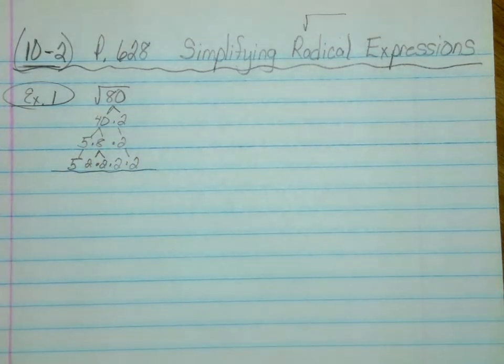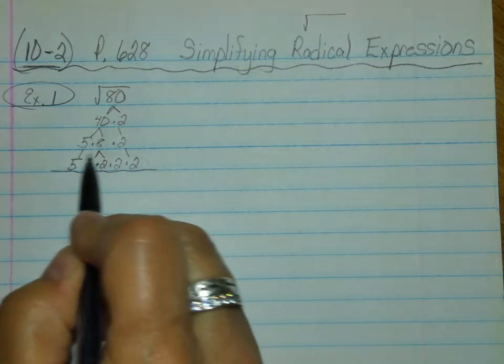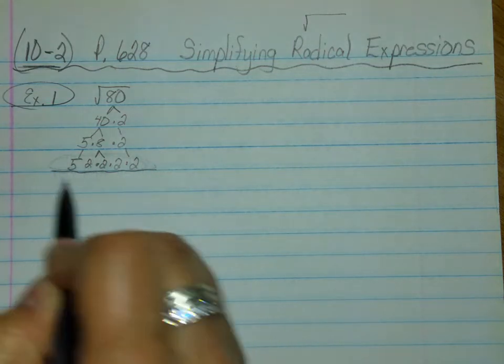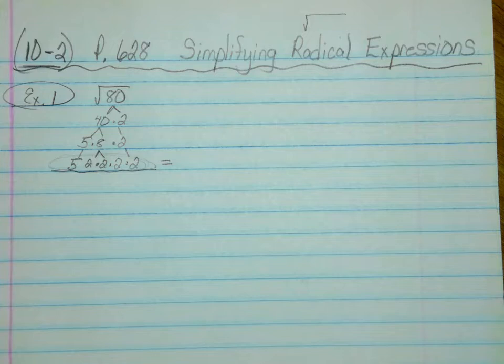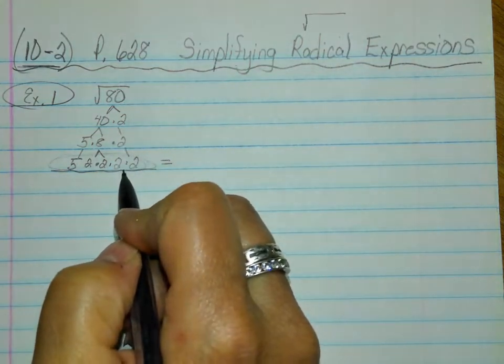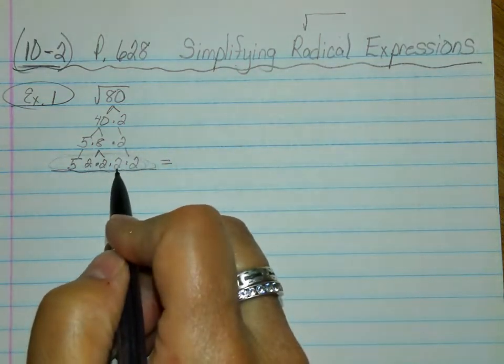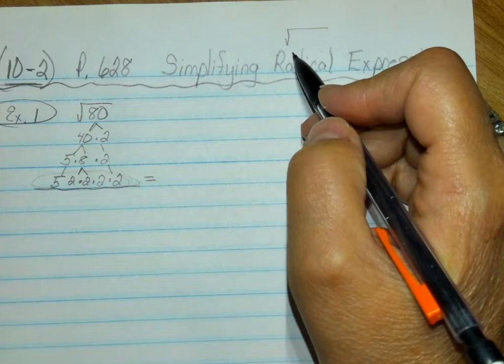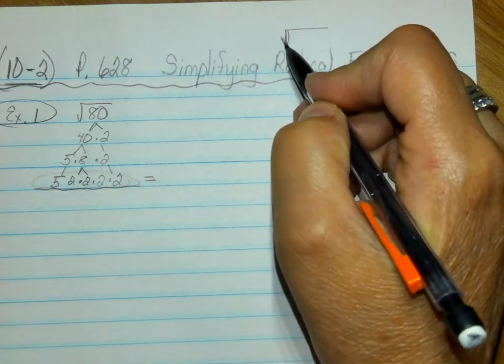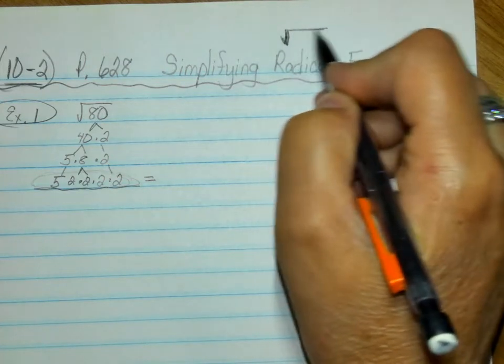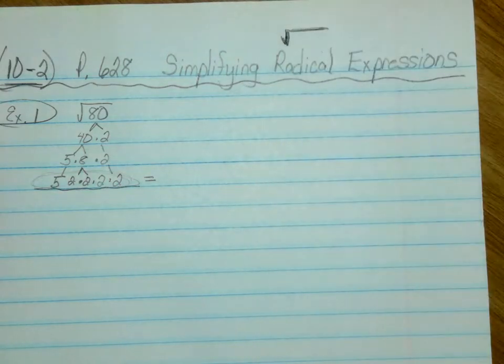Now how you simplify this, I've got a silly story for you. The way I've taught it in the past is, this is kind of like bars, like if you were in jail somewhere.